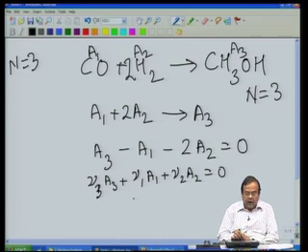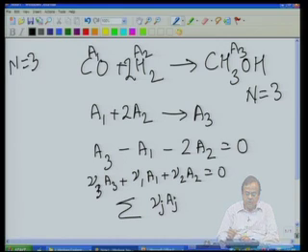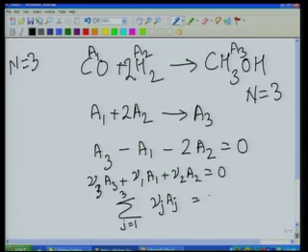Or in other words, I can write my generalized reaction, containing 3 species in this particular case A1, A2 and A3, as the summation of the product of the stoichiometric coefficient and the corresponding species, summed over all the species present in the reaction: summation nu j Aj, with j going from 1 to 3, equal to 0. Notice that I am making my representation more compact as I travel down this slide.